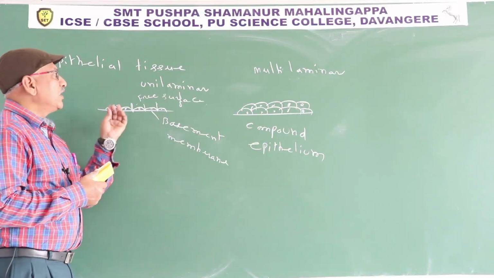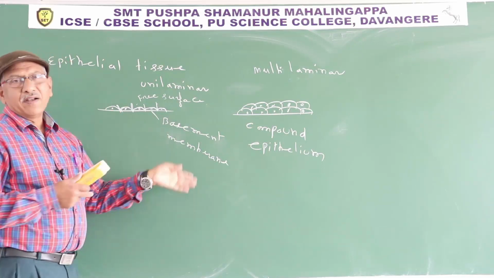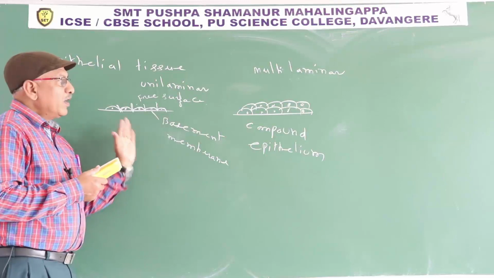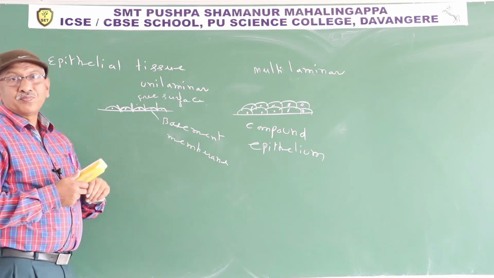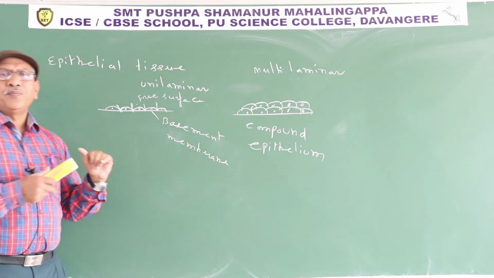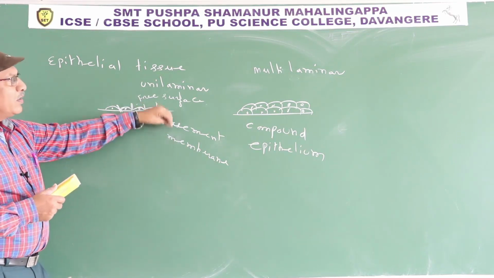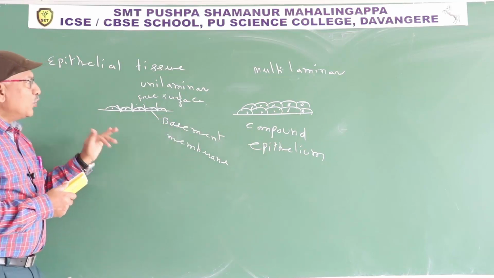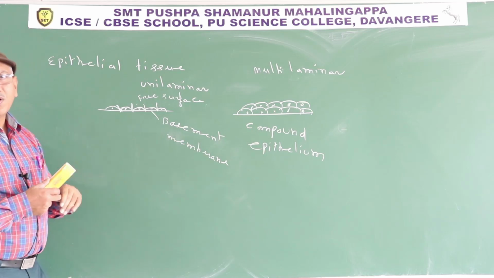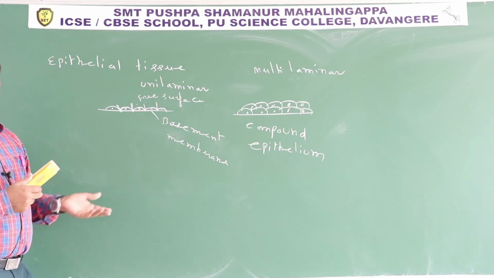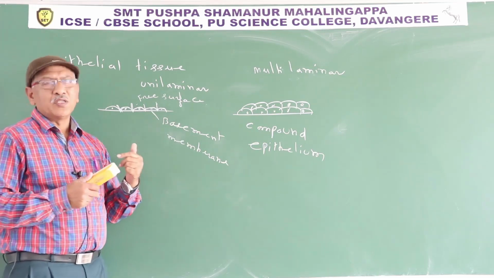Like that they may ask, distinguish between tendon and ligament, distinguish between cardiac muscle and striated muscle, or examples: name the organ in which simple squamous epithelium is present, or give an example for cuboidal epithelium, give an example for ciliated epithelium. So like that they may frame the questions.